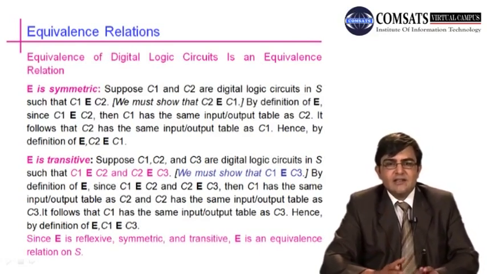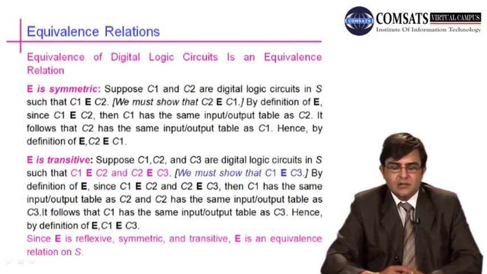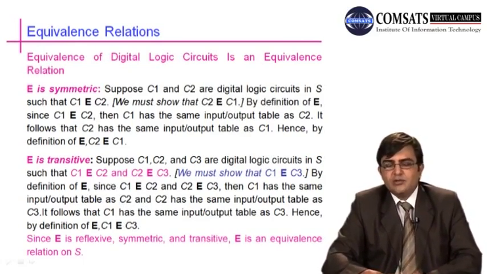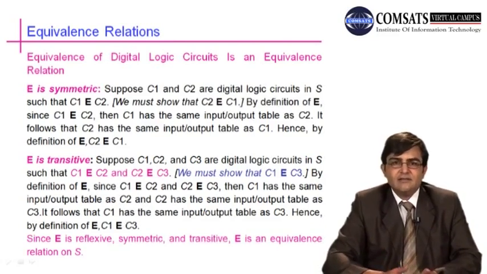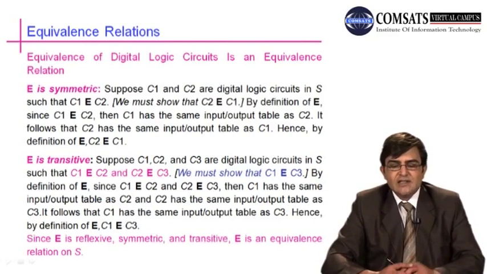So we can say that C1 is related to C2. Now obviously, if C1 has the same input-output table as C2, then C2 has the same input-output table as C1. So we can say that C2 is related to C1 under the relation E. Therefore E is symmetric.